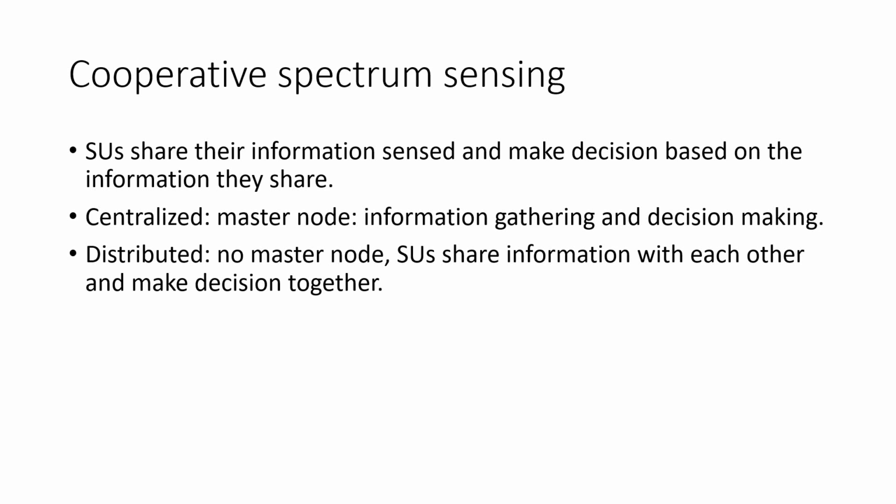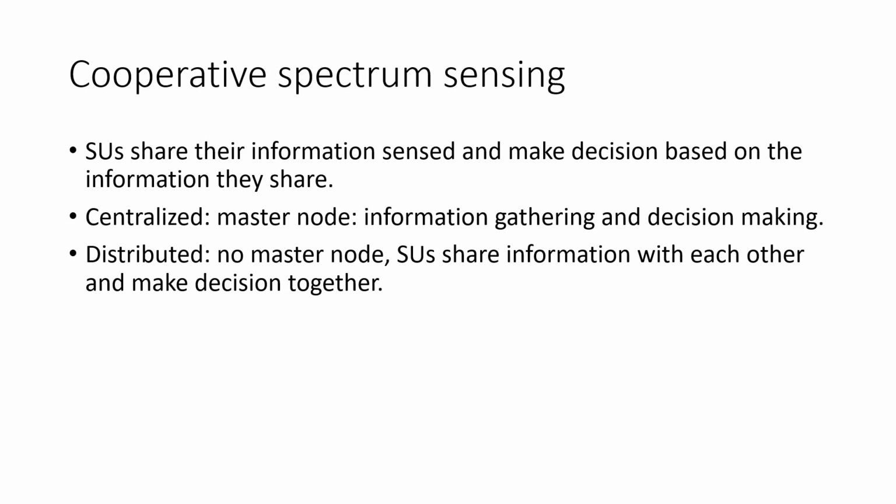Cooperative spectrum sensing can be divided into two categories. One is the centralized one, and the other one is the distributed one. In centralized spectrum sensing, there exists a master node.